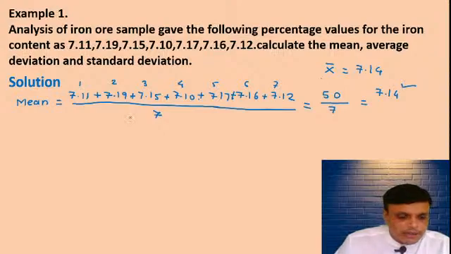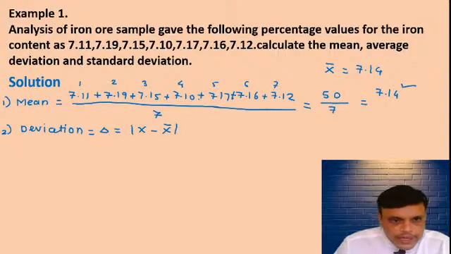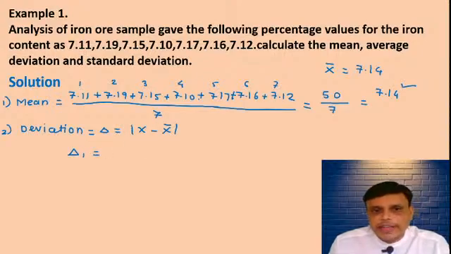Okay. Then what do you have to calculate? This is the first. Second, you have to calculate the deviations. How will you calculate the deviation? Deviation delta is equal to x minus x bar. So for delta 1, what is the value of x?